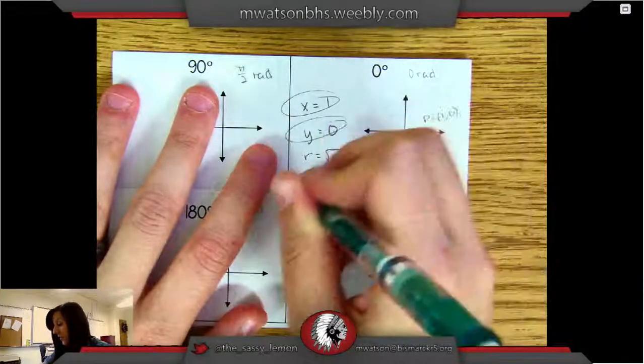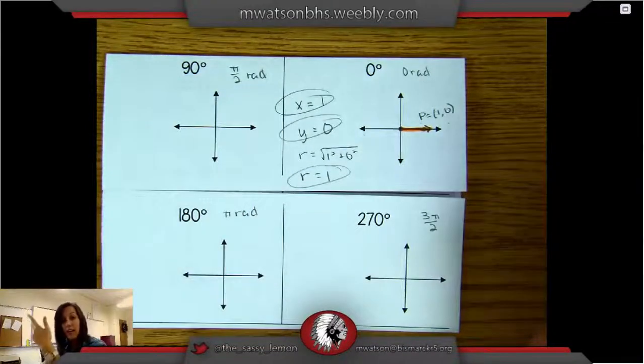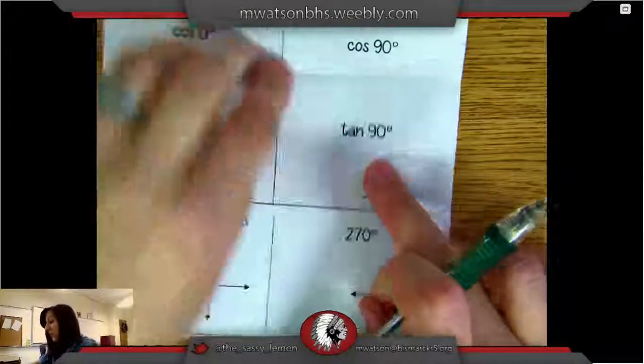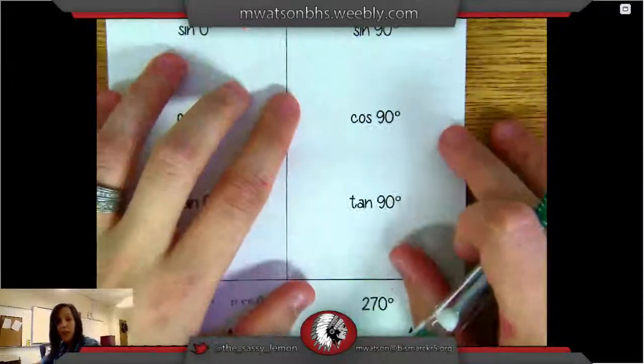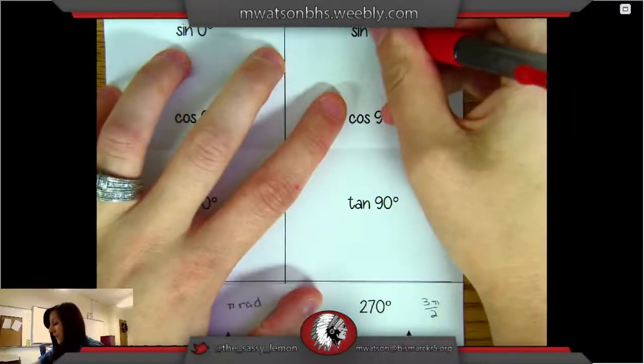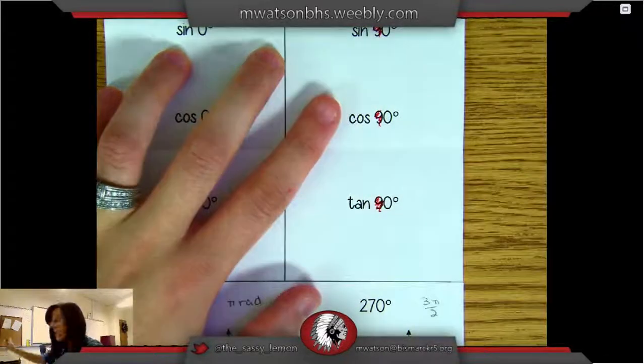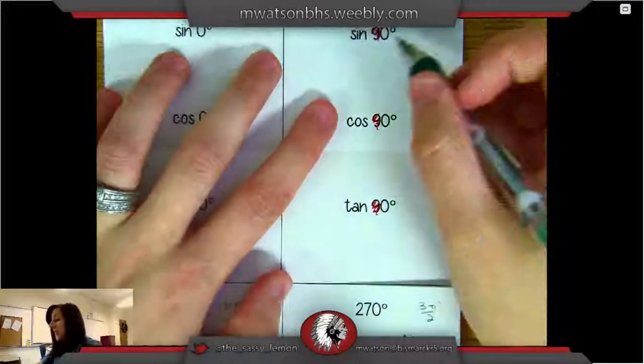So these 3 values are what we're going to use to determine sine, cosine, and tangent. If you open up your foldable, that's what you see here. Oops, these are supposed to say 0 degrees. My bad. Okay, so sine of 0 degrees.